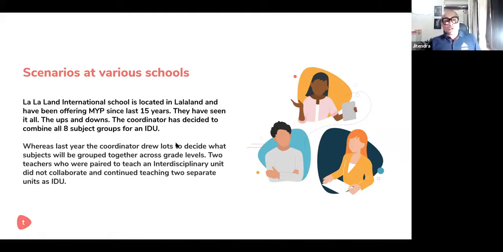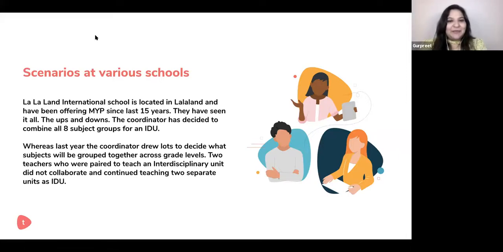And with the same school, last year, the MYP coordinator decided, you know what, it's really a big problem to bring people together across grade levels. So I'm going to sit in my office and draw lots, and then decide which 2 subjects should be interdisciplinary. So what do you think are some of the problems? Do you think these 2 scenarios with La La Land International should work? Is it IB, or is it something that will not really work?